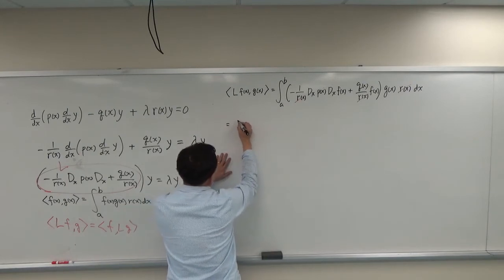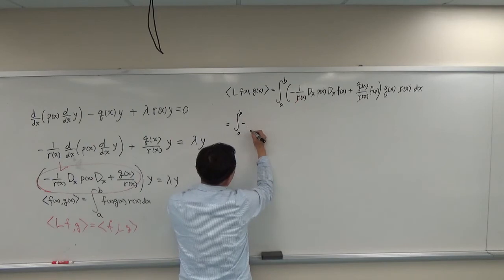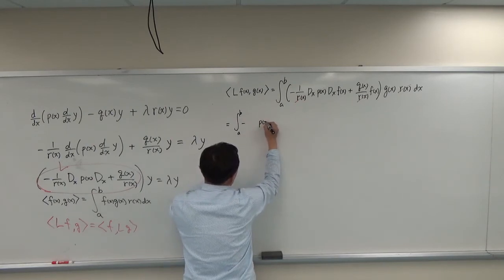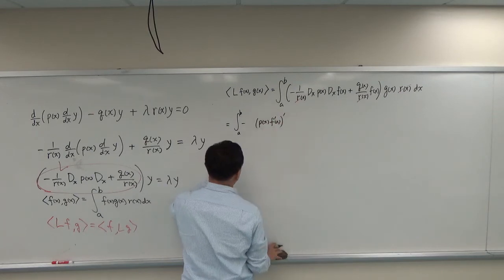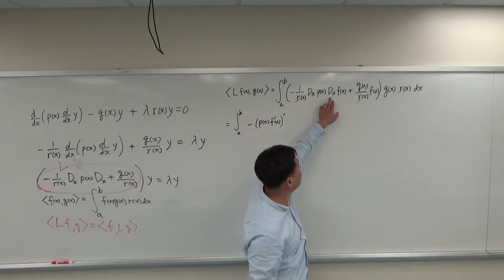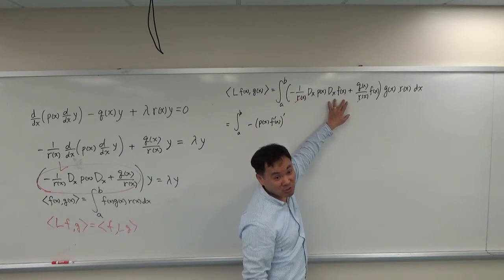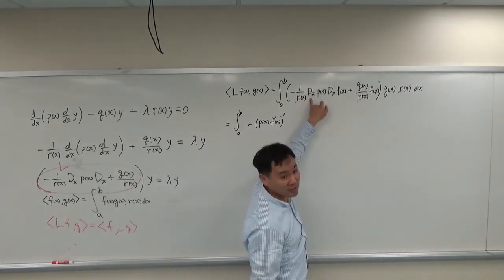You end up with 2 integrals. One is the integral from a to b of minus p(x) f'(x), and then prime. Is that good? d/dx hitting f(x) means you differentiate once, and then you multiply by p(x), and the entire thing is differentiated.